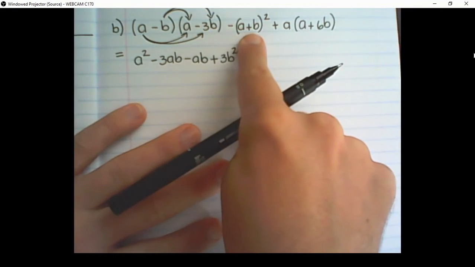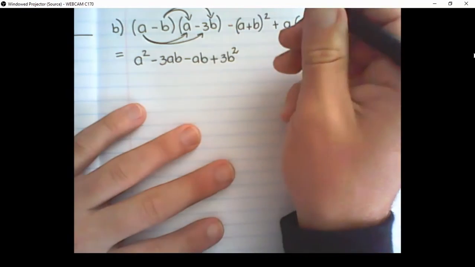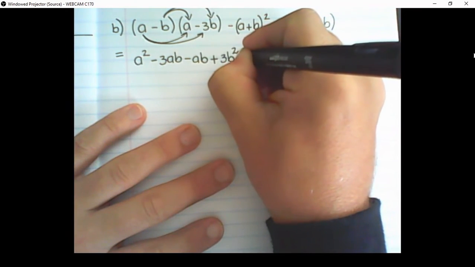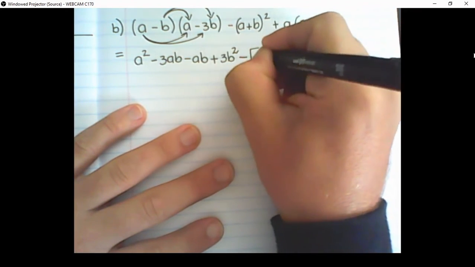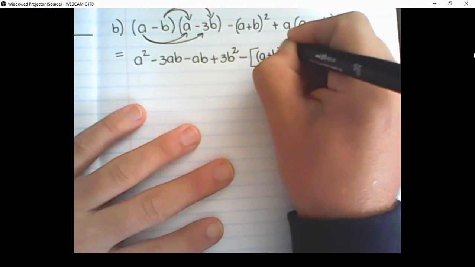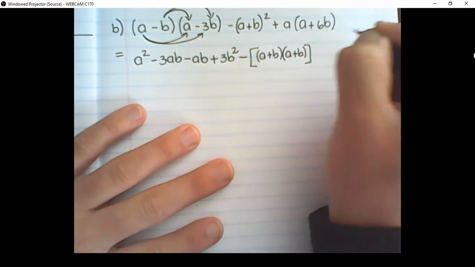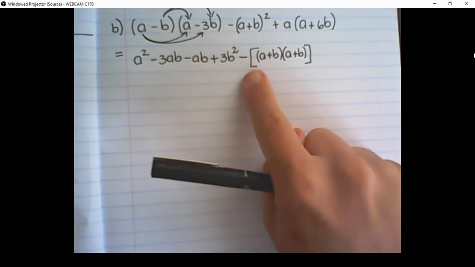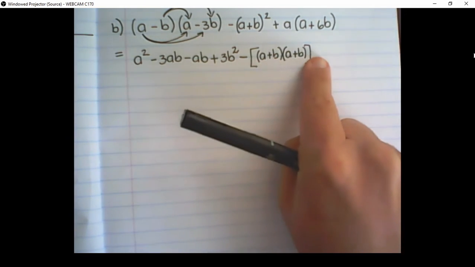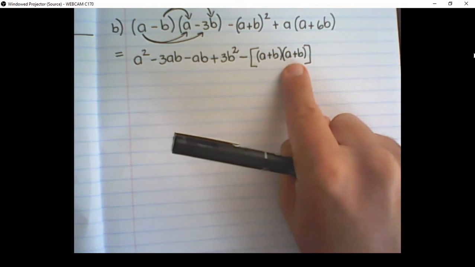The next part of the sum is we need to subtract a plus b squared. So I'm going to rewrite it by expanding it. So it's minus a plus b times a plus b. Notice that I'm putting it into square brackets to show that I will subtract the solution of these two brackets multiplied out.